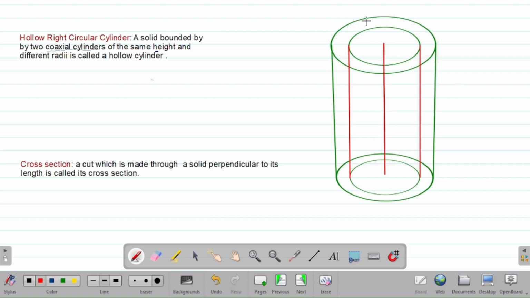Here you see that this top face and this bottom face are perpendicular to this height.